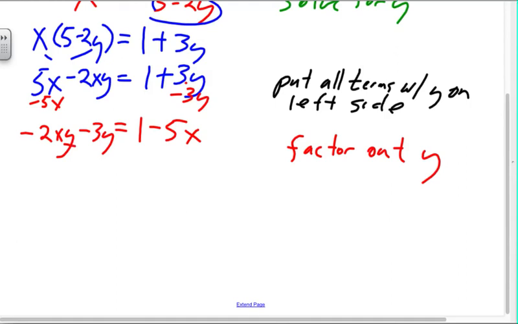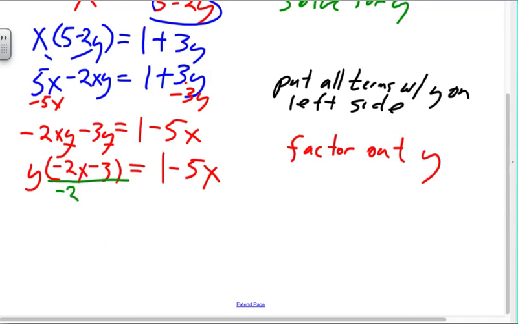I've got a y in both of these. So I'm going to do y, and then I'm going to have negative 2x minus 3 equal to 1 minus 5x. Okay, well, now at this point all I have to do is divide by negative 2x minus 3.